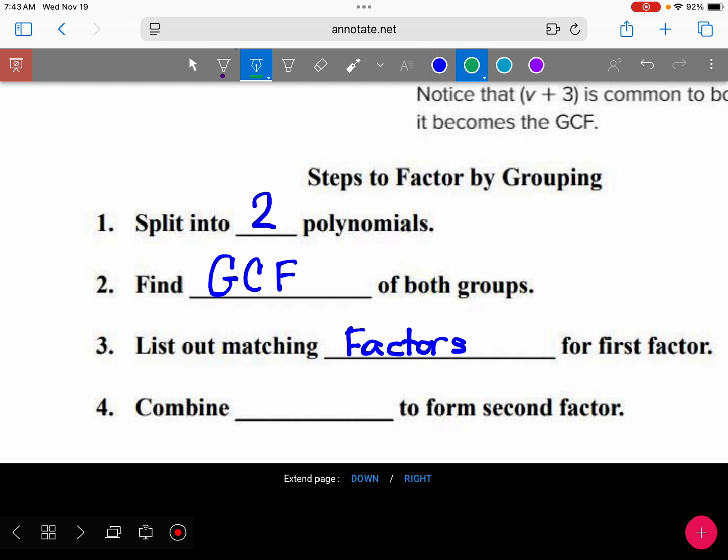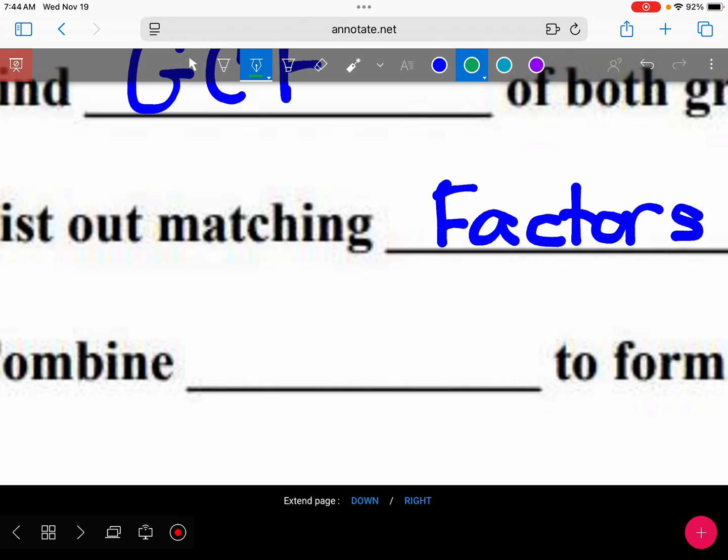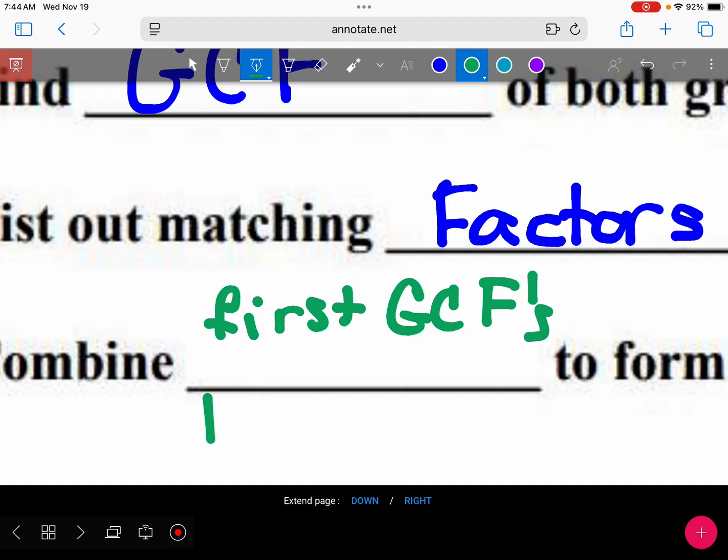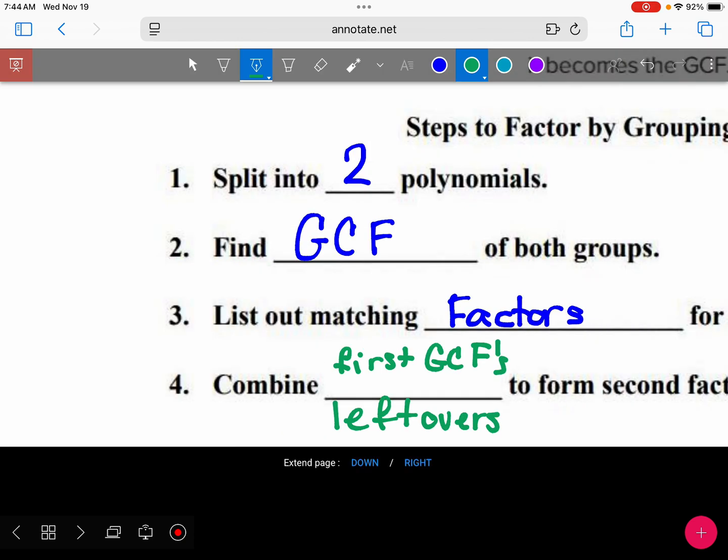And you can combine whether you think of these as the original GCFs, or if you think of these as what's left, whatever these leading coefficient things are, these guys are leftover bits to form our second factor. So we're going to combine either the first GCFs or the leftovers, however your brain thinks of it better, to form the second factor.